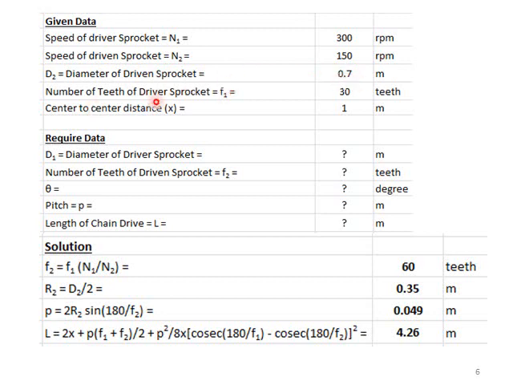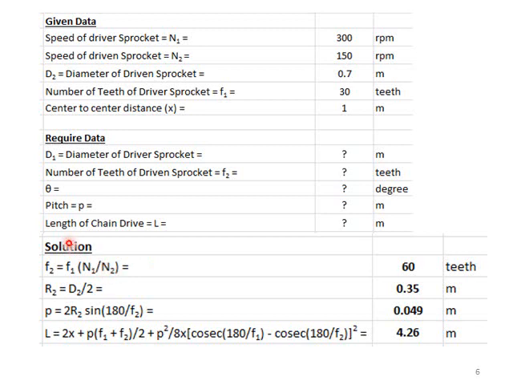The number of teeth of driver sprocket F1 is 30 teeth, and center to center distance X, which is the distance of driver sprocket center to driven sprocket center, is 1000 mm or 1 meter. Required data: the pitch circle diameter of driver sprocket is unknown. The number of teeth of driven sprocket F2 is unknown. The pitch angle theta is unknown. Pitch P is unknown, and the length of chain drive L is unknown.